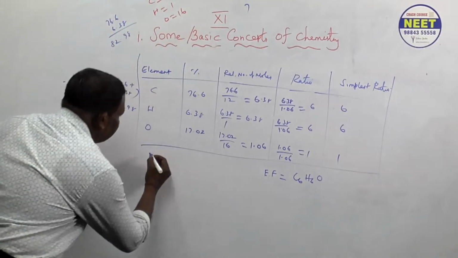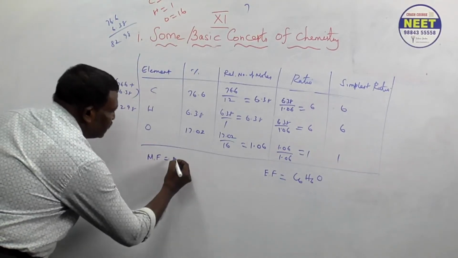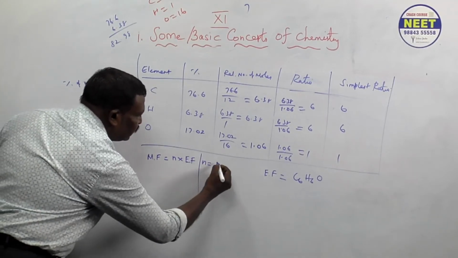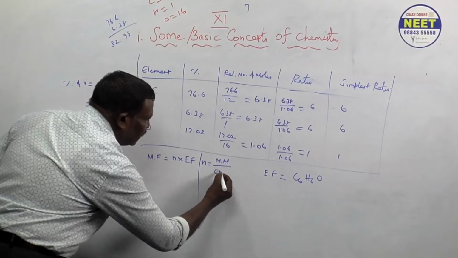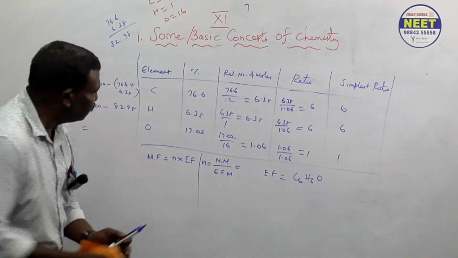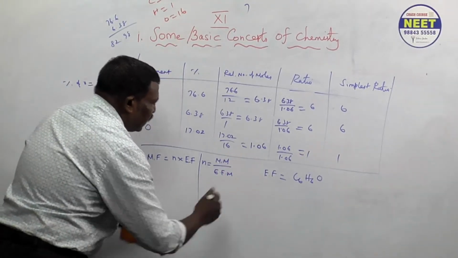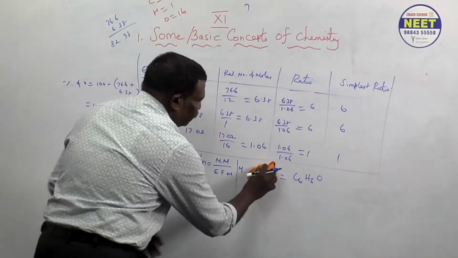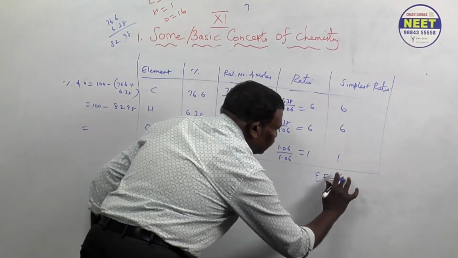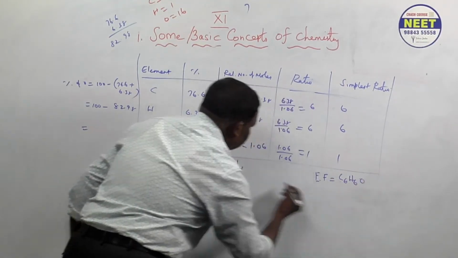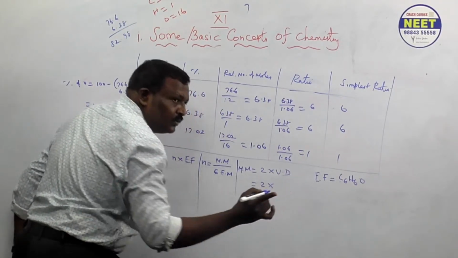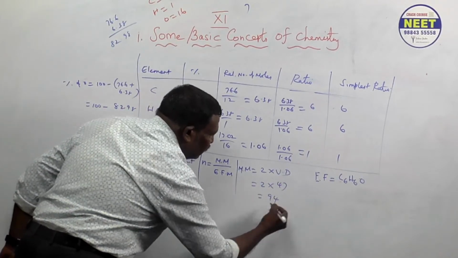Molecular formula, what is the formula? I told you. Molecular formula is equal to N into empirical formula. How to find N? Molecular mass by empirical formula mass. Understood? How is molecular mass found? Molecular mass is 2 into vapor density, which is given, 47. So 94.